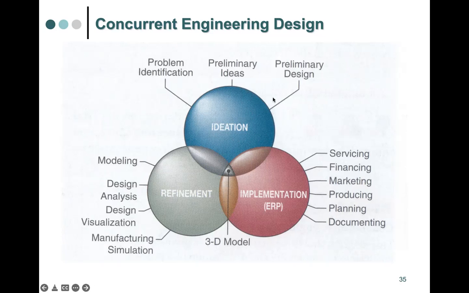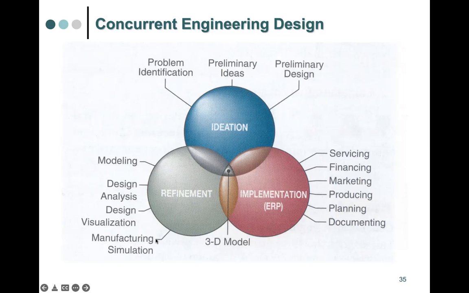And then the design, how they change into the robots, and then after that you refine them, of course with the 3D model. You model them, do design analysis, maybe check with an impact test, and then try manufacturing.